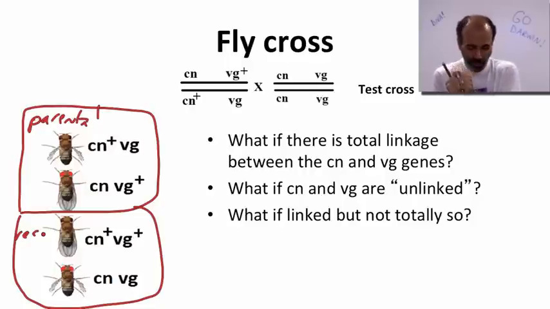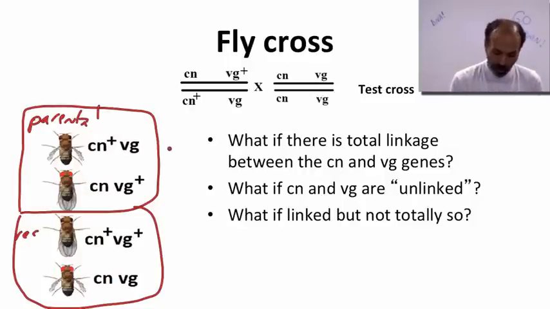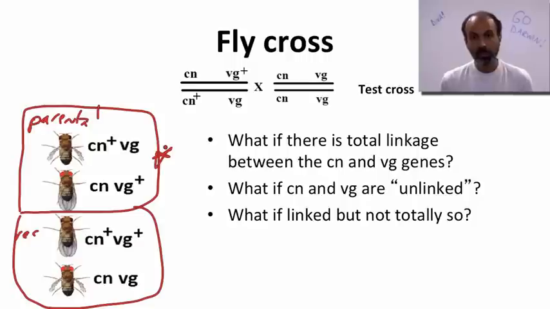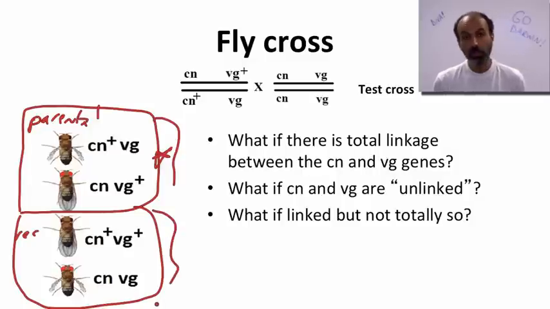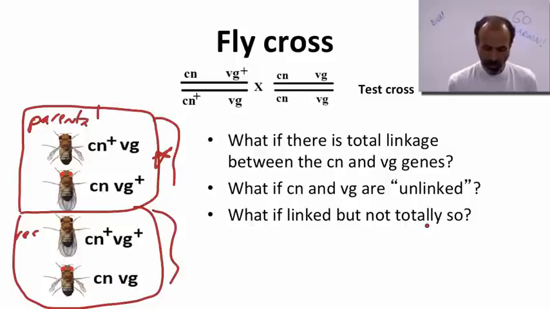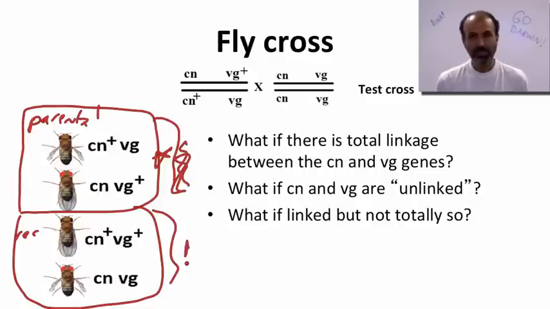What would you get? If there's total linkage, you'd only get these two forms. If CN and VG were completely unlinked, you would get half these forms, half these forms, so maybe a quarter of each of the lines there. But what if they are linked but not totally so? That's when you get mostly these and a little bit of these.